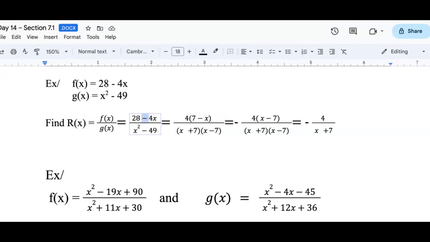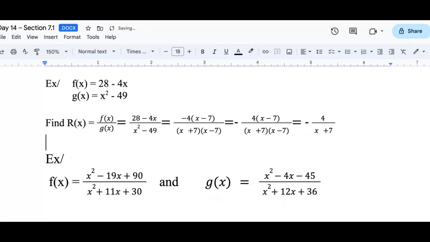In the numerator, we could factor out negative 4, and we would get x minus 7 right away. Then x minus 7 divides by x minus 7, so we're left with negative 4 over x plus 7.